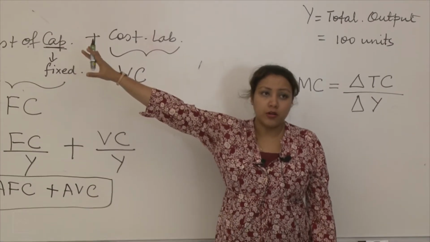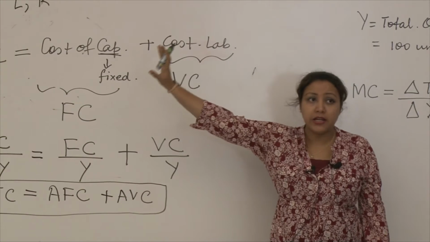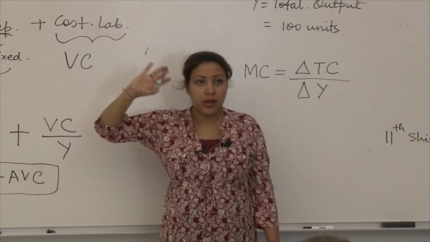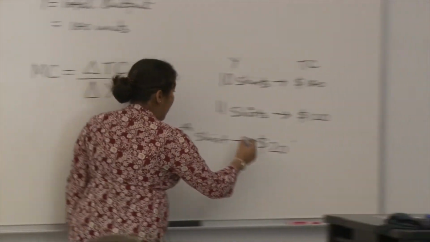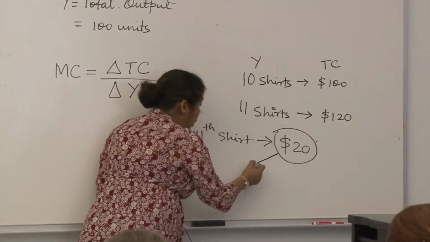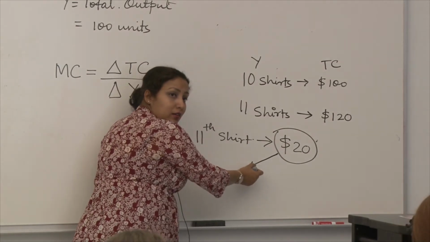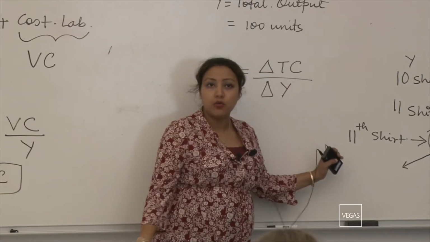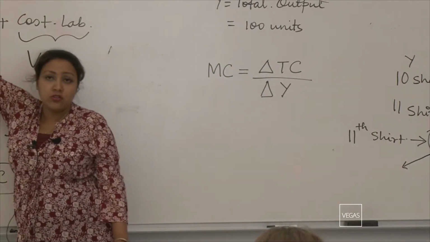Now I am still in the short run. My capital is fixed. My labor is the variable one. So I can only change labor. I cannot change capital. So this additional 20 that I have got cannot come from capital. I have definitely not used more machines to produce that 11th one, because I cannot change the number of machines.